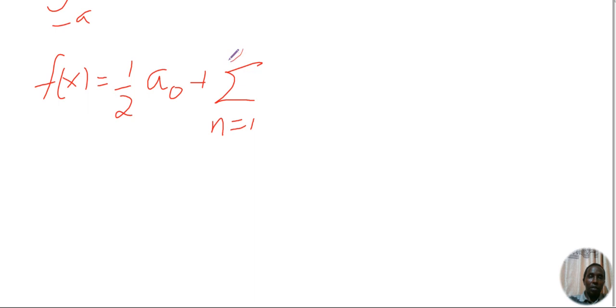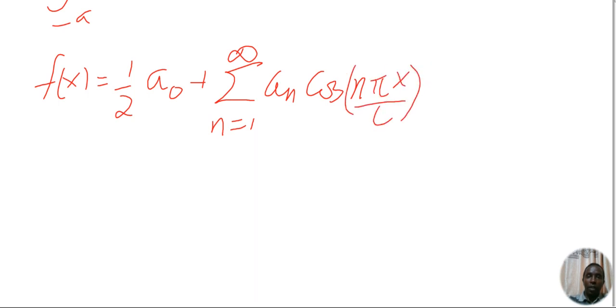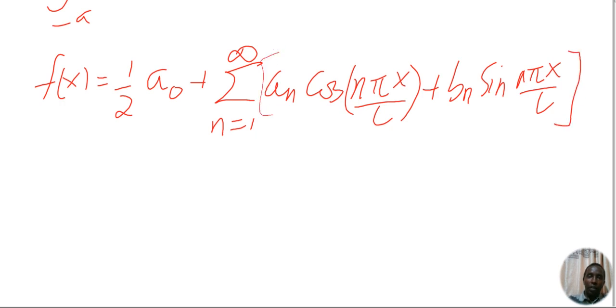In the Fourier series representation, remember we write f of x as a half a naught plus the sum from n equals 1 to infinity of an cosine of n pi x over L plus bn sine of n pi x over L. Now, we shall be interested in these coefficients a naught, an, and bn.